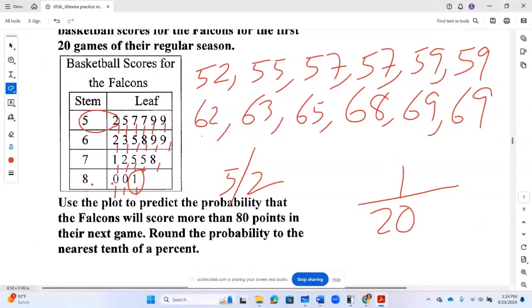By the way, probability is unit 2, so I don't have to worry about probability. All I'm going to worry about is that I will be told to make stem and leaf plots. If I'm told to draw the stem and leaf plot, I can do that. I can also be given raw data and told to draw a stem and leaf plot.